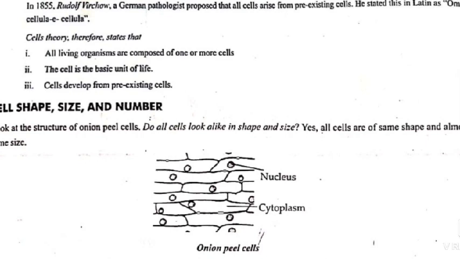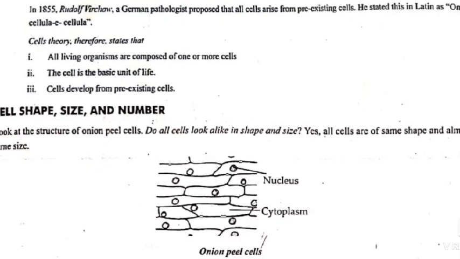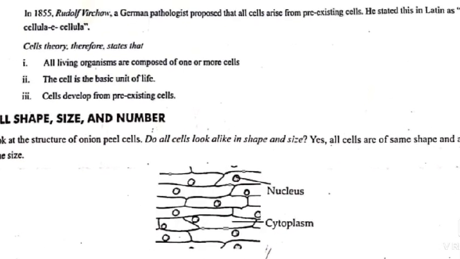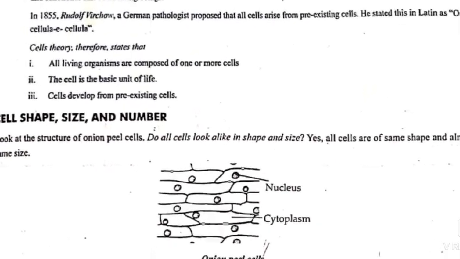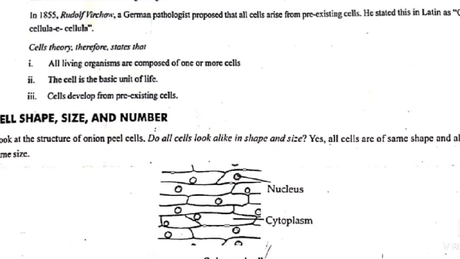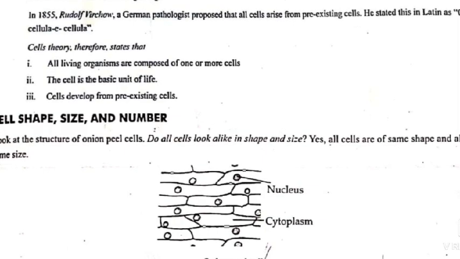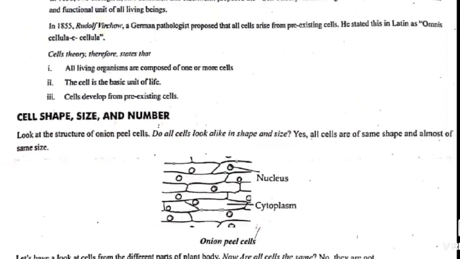In both prokaryotic and eukaryotic cells, a semi-fluid matrix called cytoplasm occupies the volume of the cell. The cytoplasm is the main area of cellular activity in both plant and animal cells. Various chemical reactions occur in it to keep the cell in a living state.